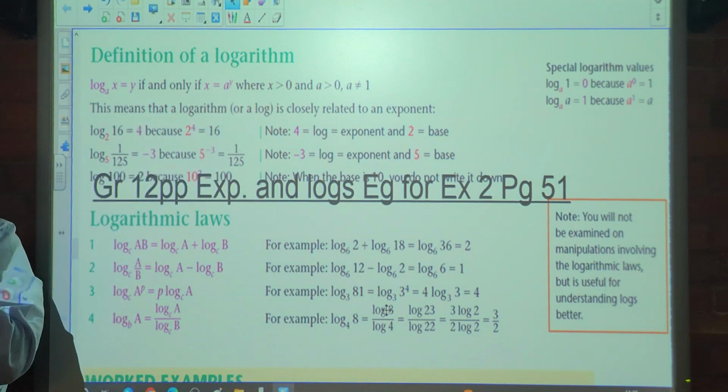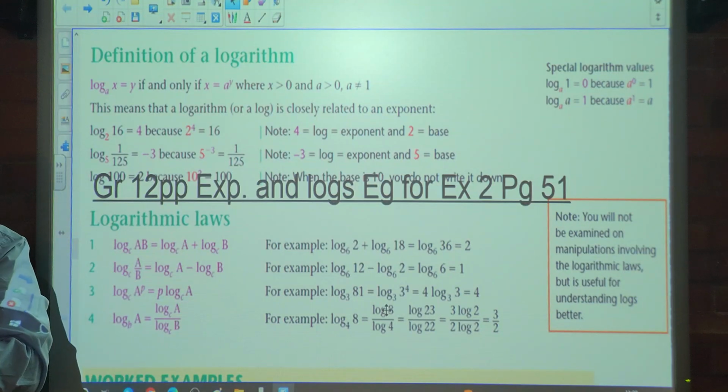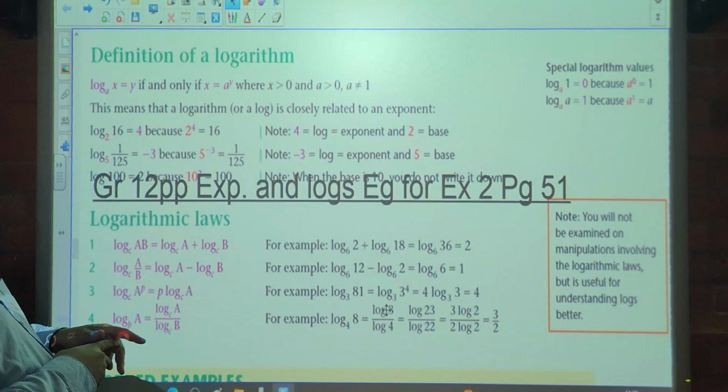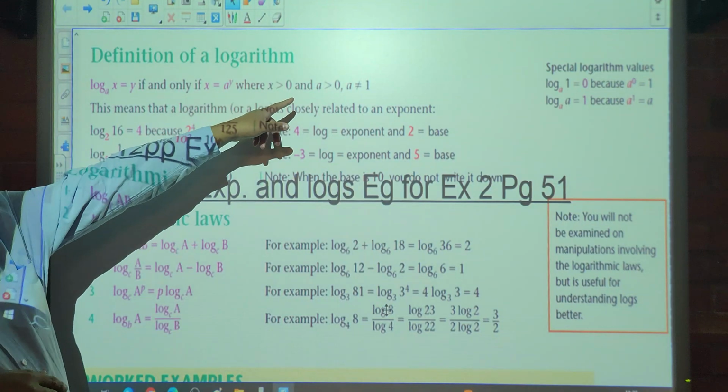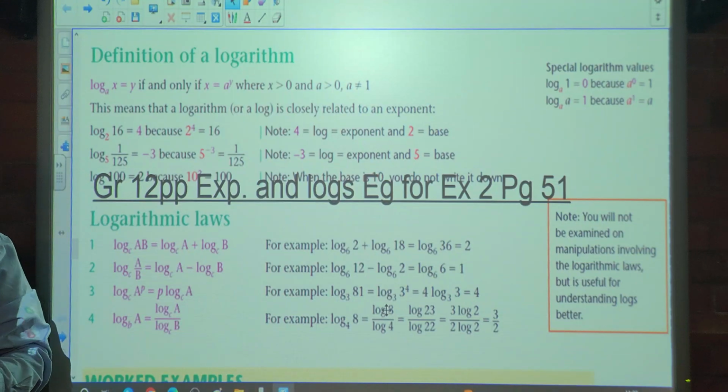So logs work in relation with the exponential laws. Okay, log is just another way of representing something in exponential form, where X is greater than 0 and A is greater than 0. People, this number here must be greater than 0, and that X must also be greater than 0, which means it must be positive.